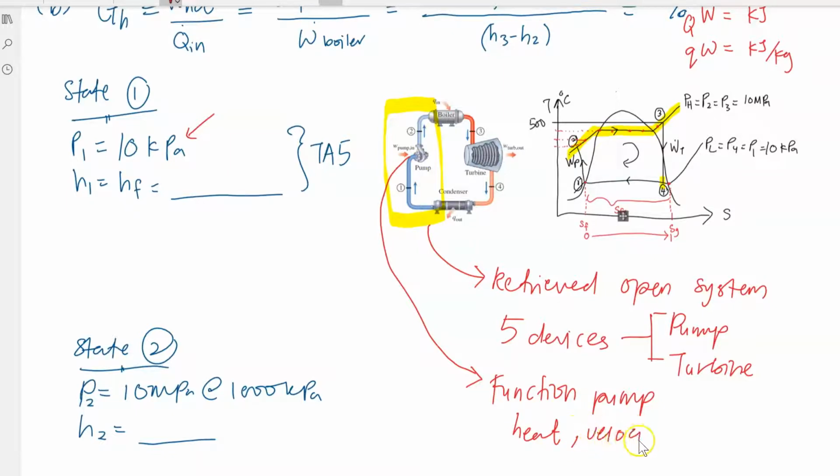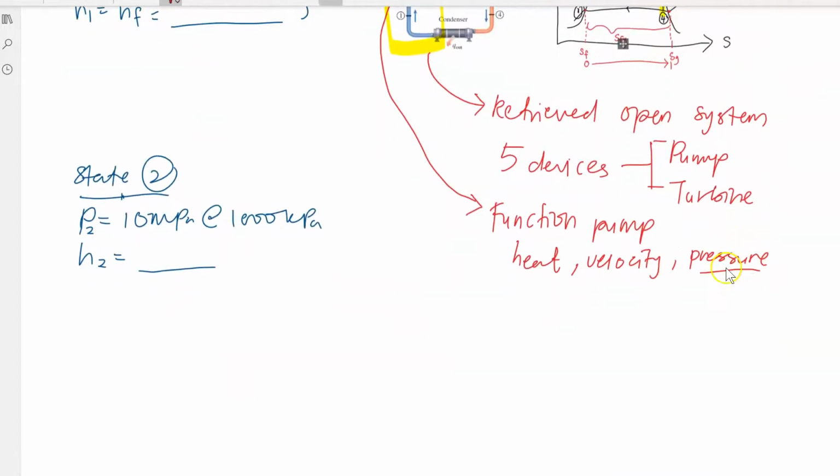Another relation that you can make use of is the pressure. If you see here, pressure 1 and pressure 2 are different. Next I'm going to explain how we are going to use these two relations between state 1 and state 2 in order to find the values of H2 and H1 in relation to your pressure, and also another term that we are going to use, which is your specific volume.